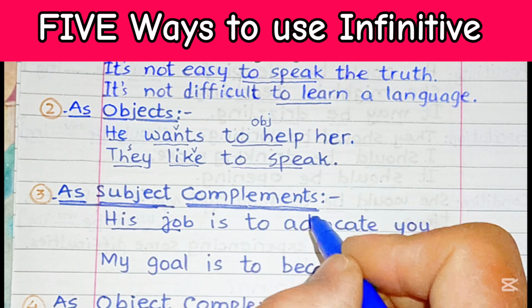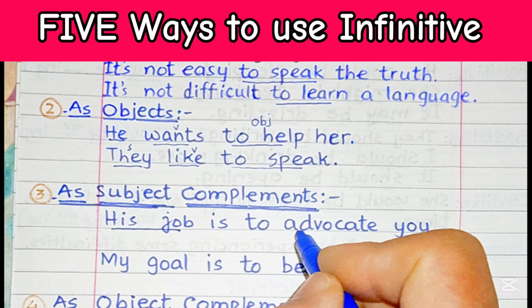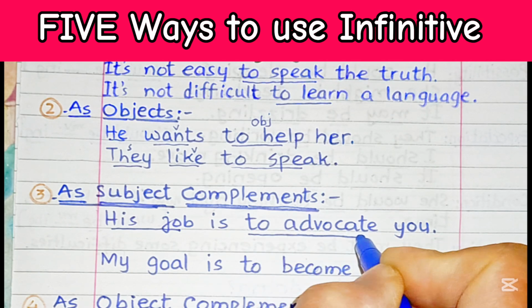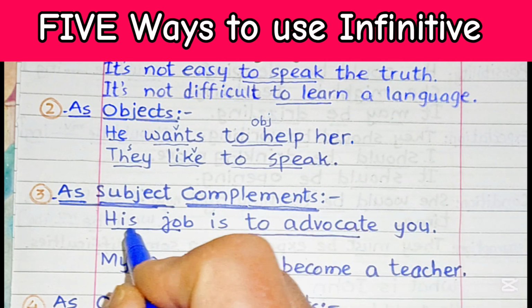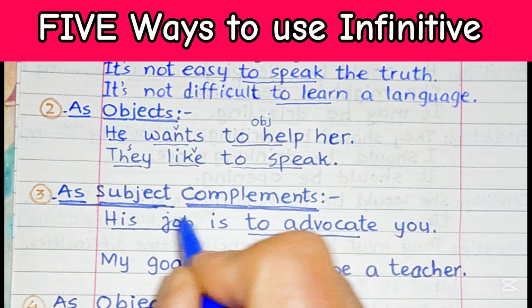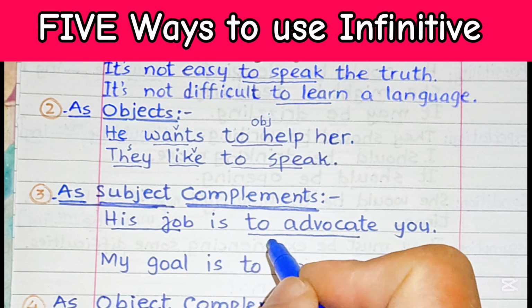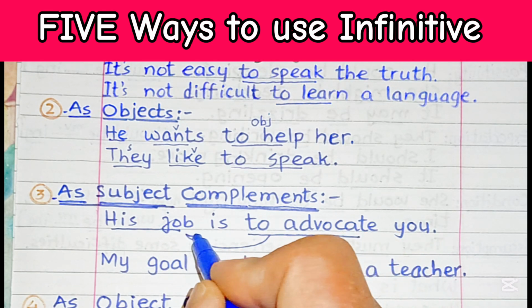Now, if the question is "tell me more about the job," we are providing more information about his job, which is the subject of this sentence. So his job, what is his job? This is a question. His job is to advocate.